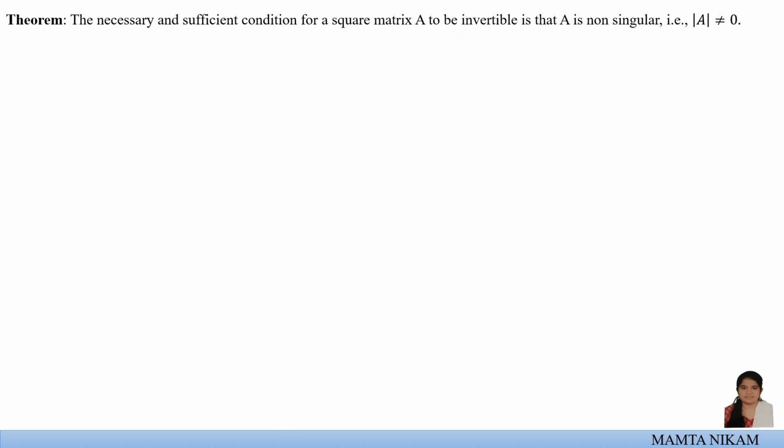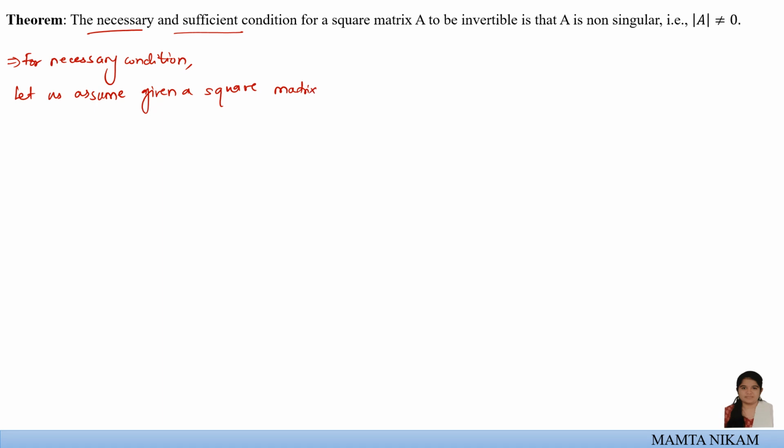Okay, so we will first discuss the necessary condition and then the sufficient condition. Okay, so for necessary condition, let us assume given a square matrix A is invertible.